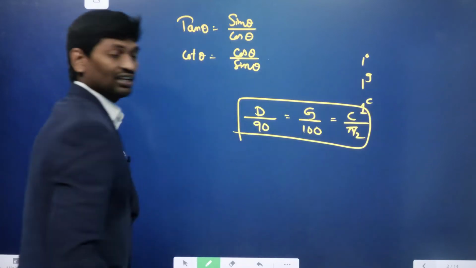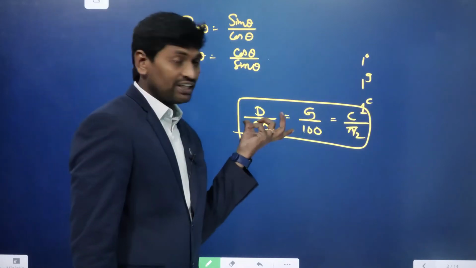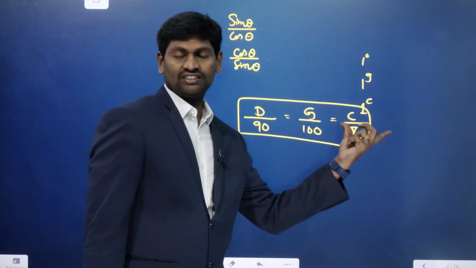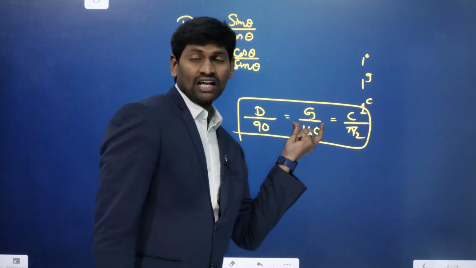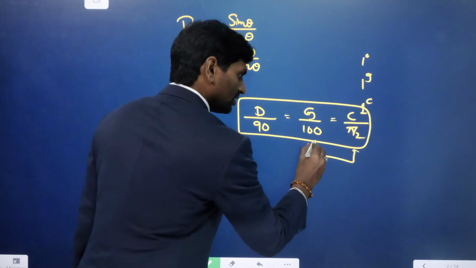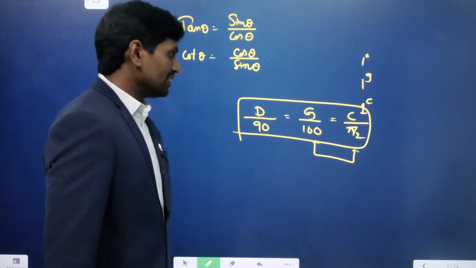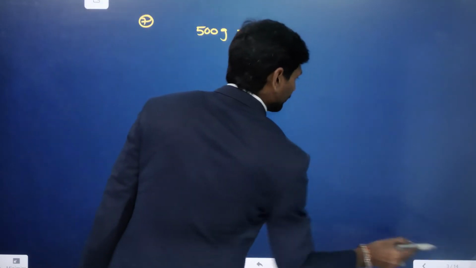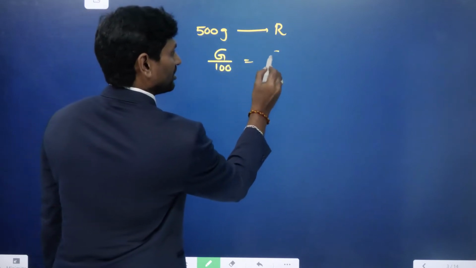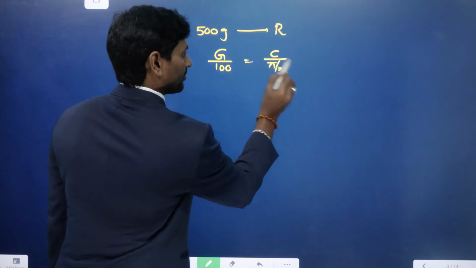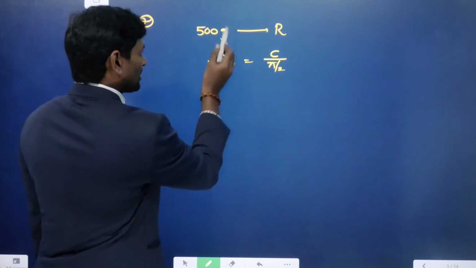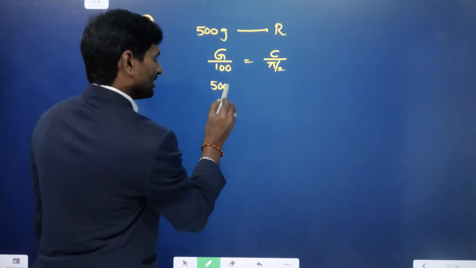According to our discussion, we discussed the relation between degrees, grades, and radians. Here grades are given, and we are asked to convert into radians, so we should use these two: G by 100 equals C by pi by 2. Pi by 2 is nothing but 90 degrees. G is given as 500 grades.